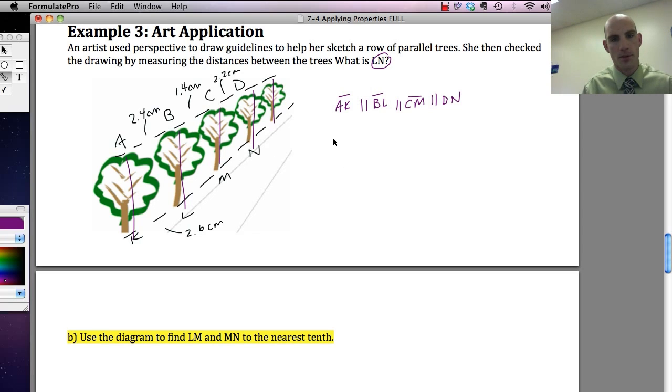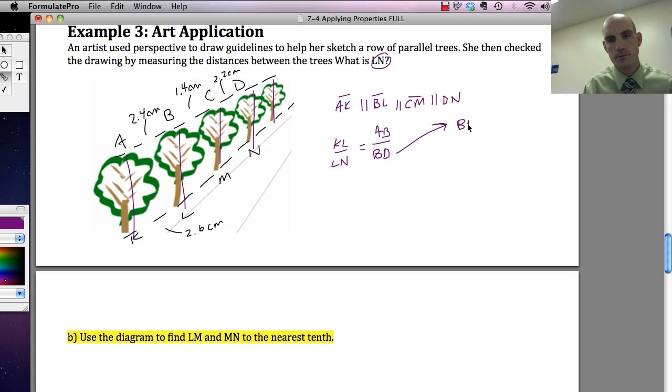Well, if we're finding LN, let's look at what we're finding, this piece here, we're going to test out certain things. And what we're able to say is KL over LN, so this top piece over this big piece, is equal to, and we look over to the other transversal. Well, that's really going to be KL and AB corresponding, so AB over, and LN is this big piece, so this is going to be BD. I'm going to fill in what I know. Well, what I know is this.